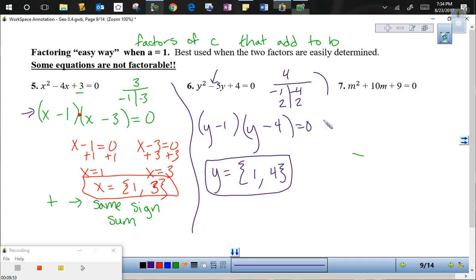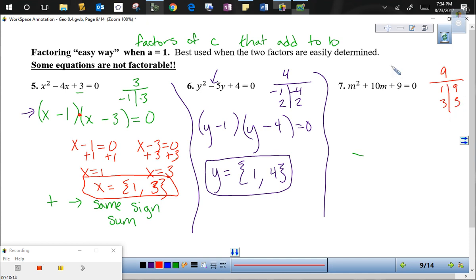On this next one, we have 9. Go ahead and pause the video for me if you would, and see if you can write this in factored form. Alright, 9, we've got the options of 1 and 9, or 3 and 3.